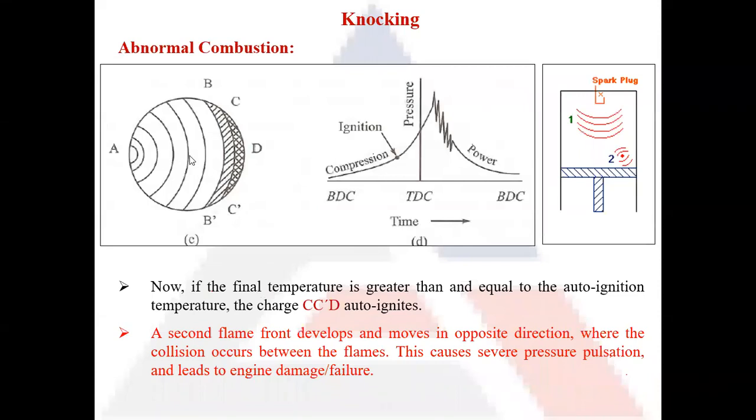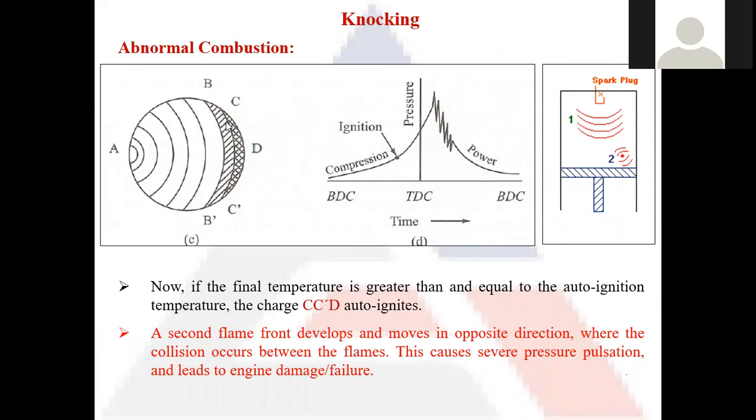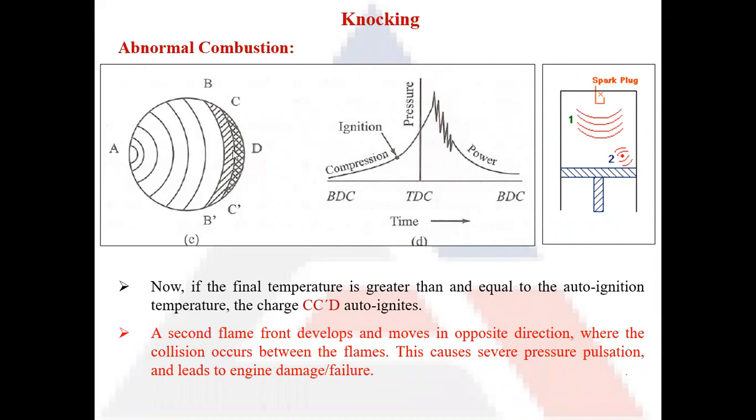Again, from A to D, the flame front is advancing from A towards D. Now this last layer, that is C dash D, is under pressure from the combusting layers. If its temperature and pressure reach the auto-ignition temperature, this last layer will burn before the flame has reached it.